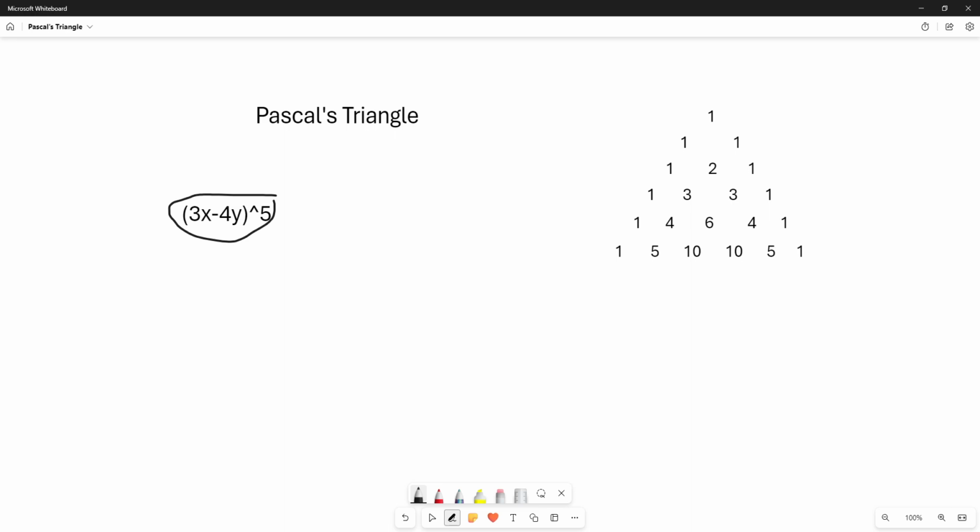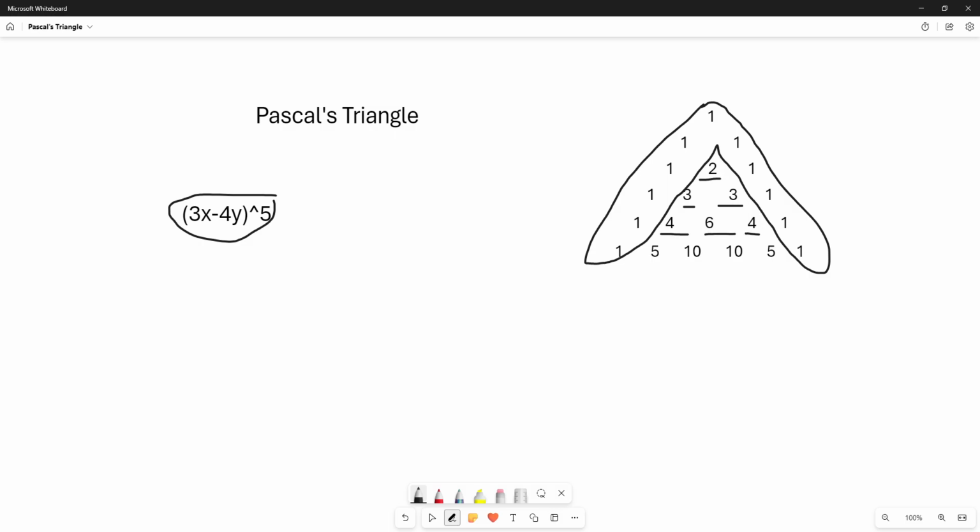Now Pascal's triangle starts off with a 1 on the top, and then you keep making a list of ones going down on the diagonal one way and one going down the other way, like this. And then for each next number down, you add the two numbers on top of it. So here the 1 and the other 1 make the 2.